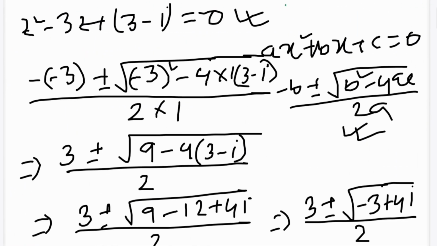Now we are going to simplify this statement. So -3 + 4i, we can write 4i as 2 into 2i. And if we want to form something like (a + b)² or (a - b)², then we need to make this 2i either a or b.